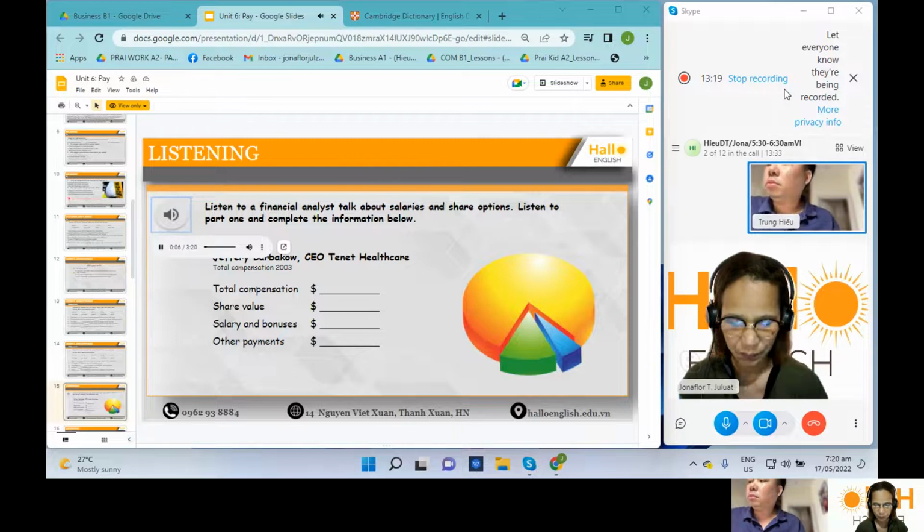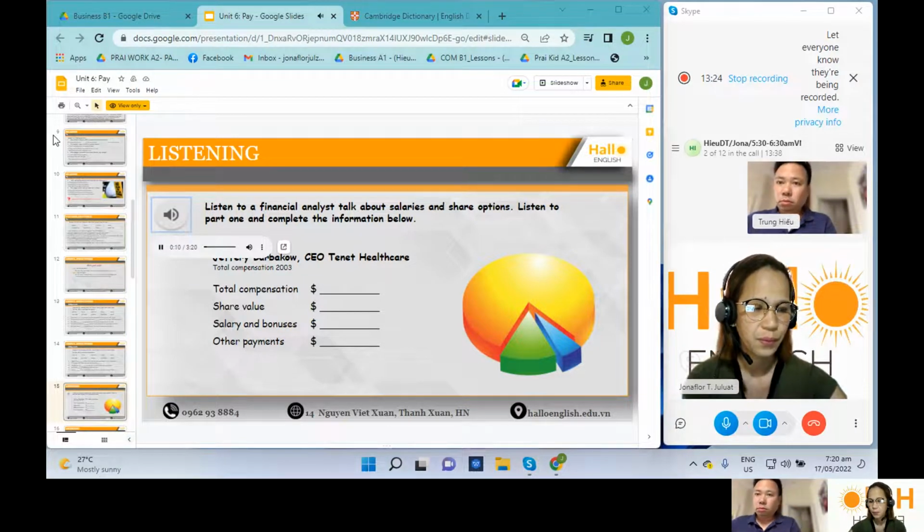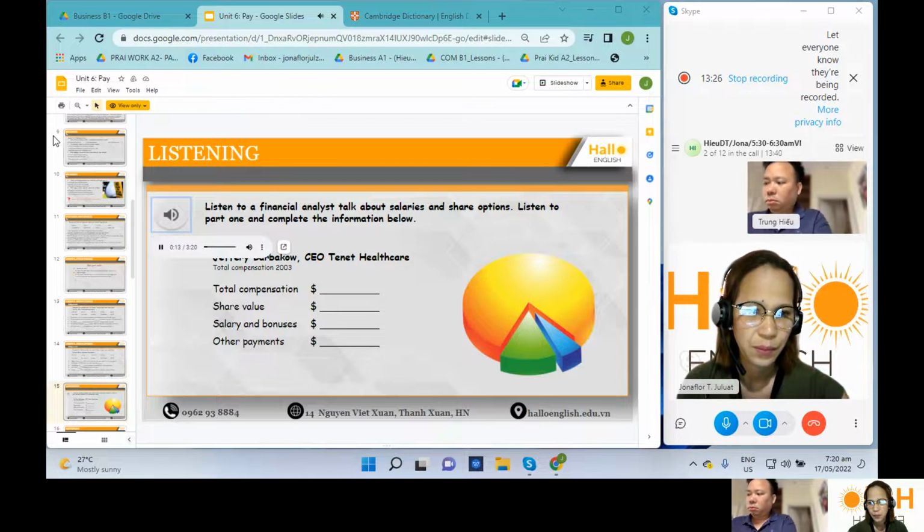Part 1. Well, most CEOs' earnings sound exceptionally high because those figures are based on what we refer to as total compensation. In other words, salary and various bonuses, of course, and then, more importantly, what they are actually worth in terms of share value. And it is often this share value that makes the figures so very impressive. Take, for example, the highest paid CEO in the US in 2003.